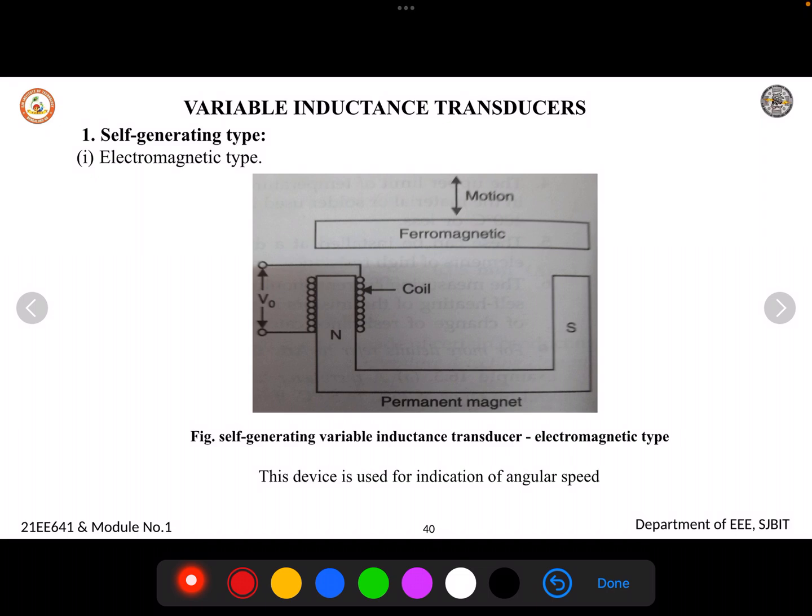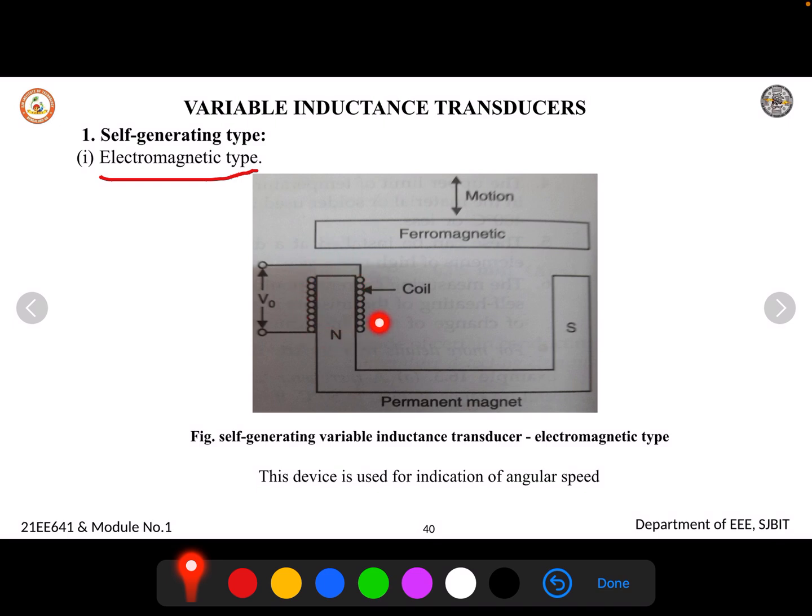The first one is the electromagnetic type, a self-generating type. Coming to the construction part, this is a core called a permanent magnet core, which has a north and south pole, and on the permanent magnet the coil is wound.